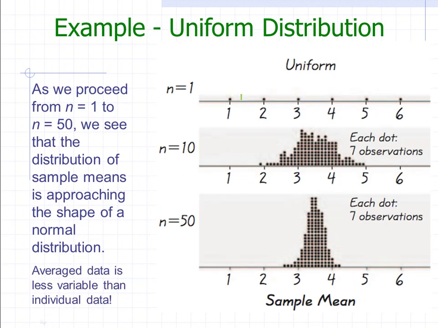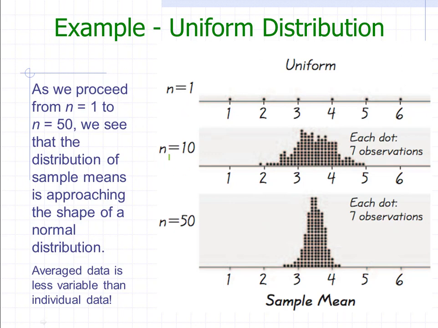Now let's look at a uniform distribution. A uniform distribution, remember, is a rectangular distribution. It would be similar to tossing a single die. The number of pips on the face that comes up, we would expect 1 through 6 to happen in the same proportion, 1/6 of the time.